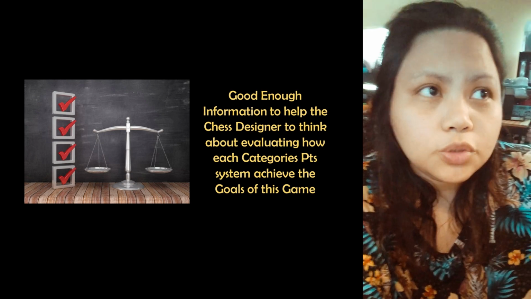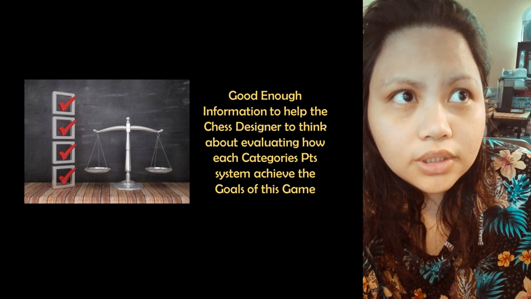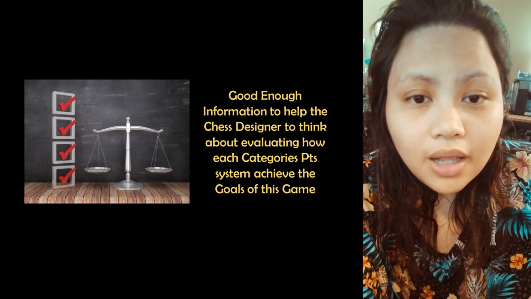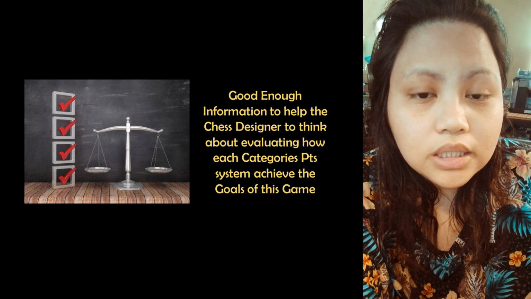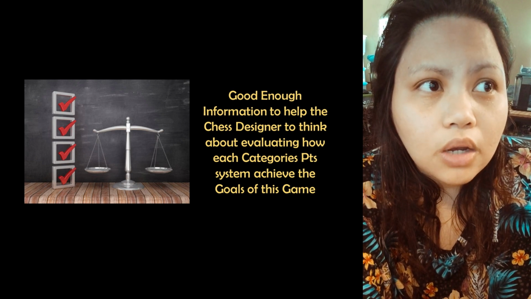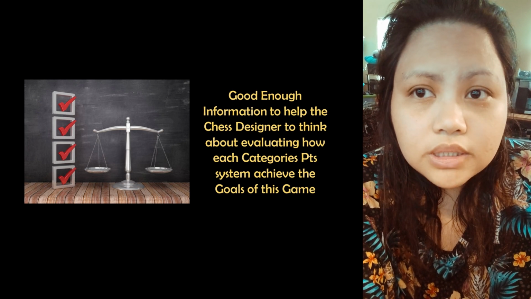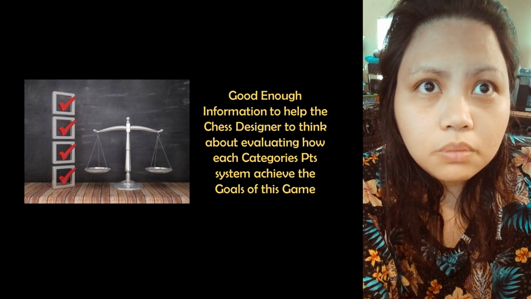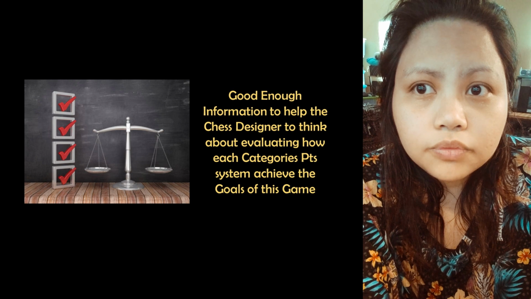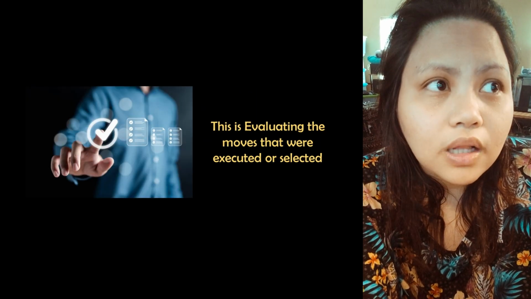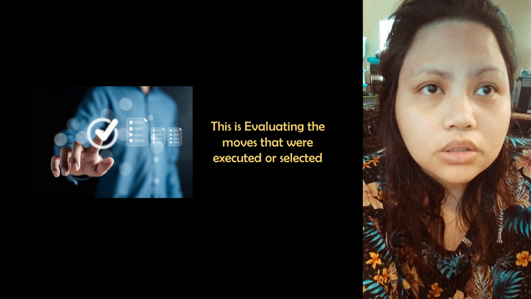And then here, good enough. This UI dashboard has good enough information to help the chess designer think about evaluating how each category's point system achieves the goals of this game. So you have enough information to make that decision. But this is evaluating the moves that were executed or selected.